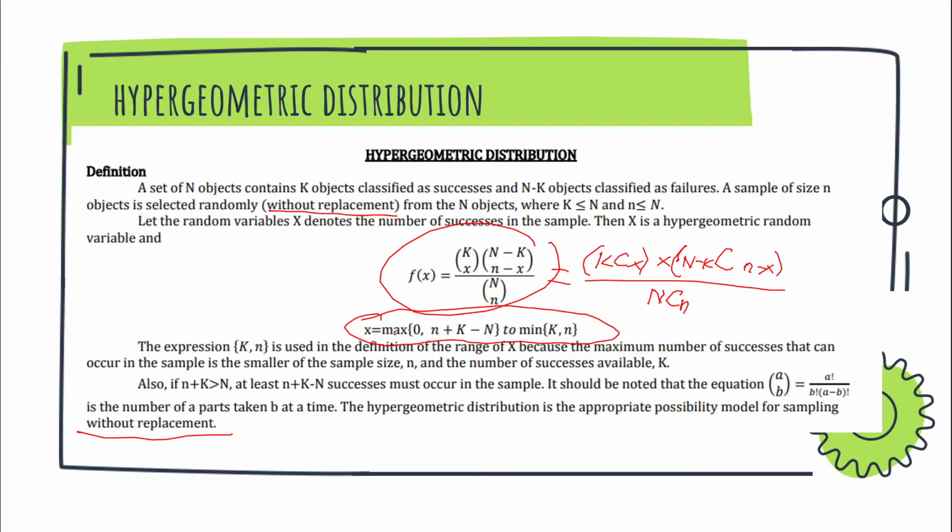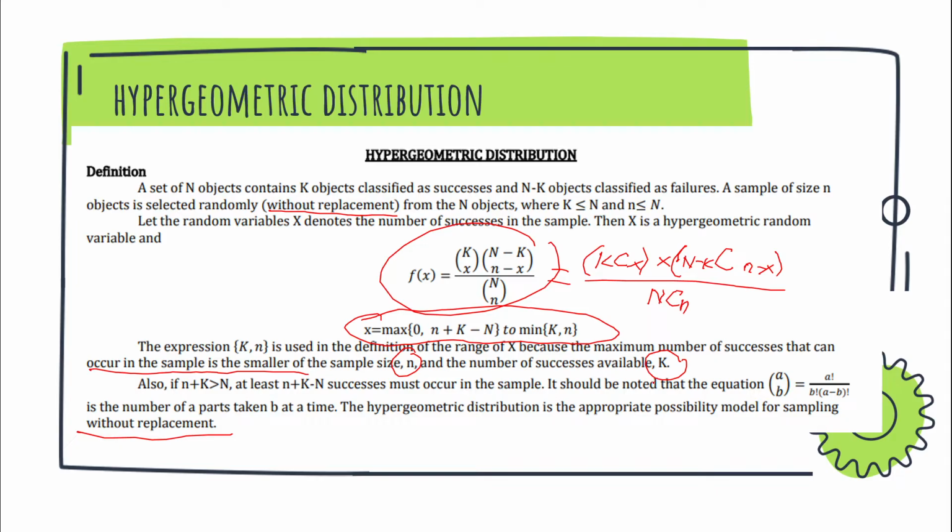So the expression is used to define the range of x, because the maximum number of successes that can occur in a sample is smaller than the sample size. So take note of this one, that the number of successes that can occur in a sample is smaller than the sample size, and the number of successes available is K. So take note, n is the sample size and K is the number of successes available.